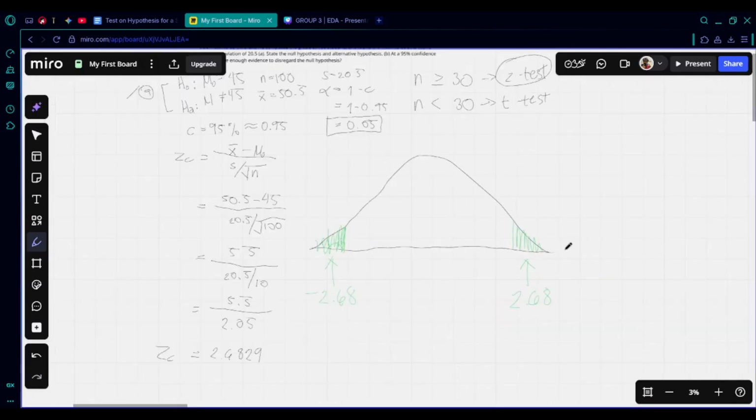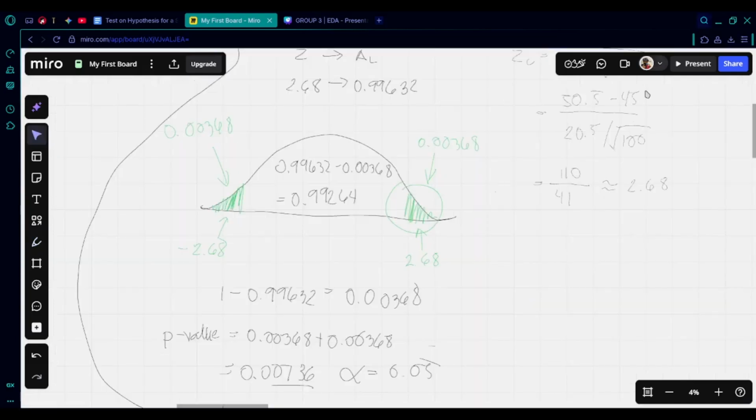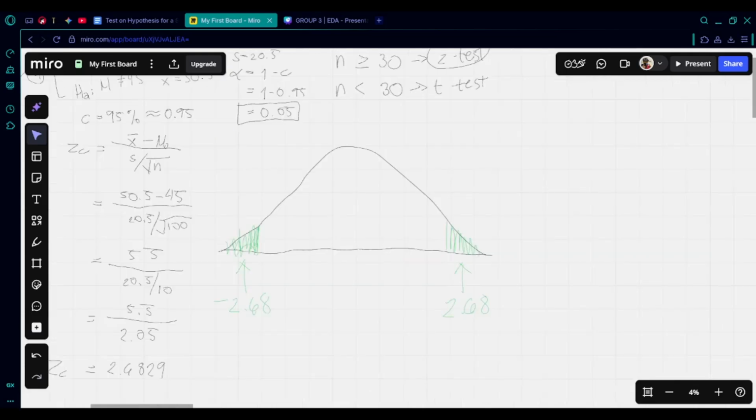So we have to identify first, since we have our value here, which is 2.68, we want to compute the areas here to the left. Since this is our 2.68, we want this area to be computed.